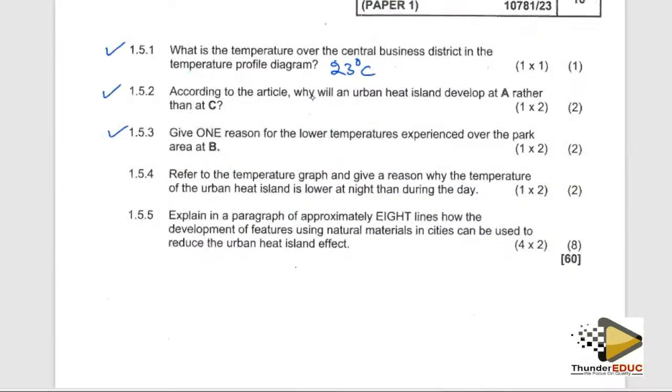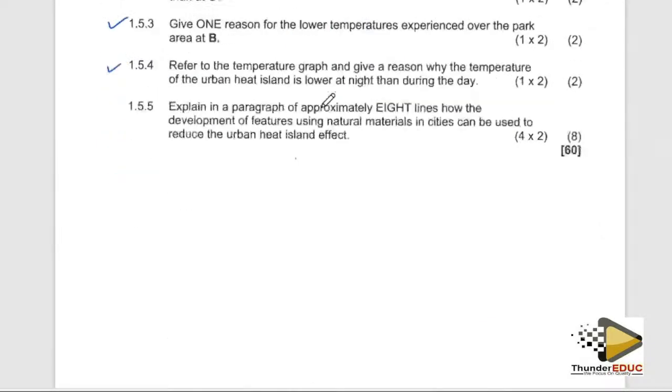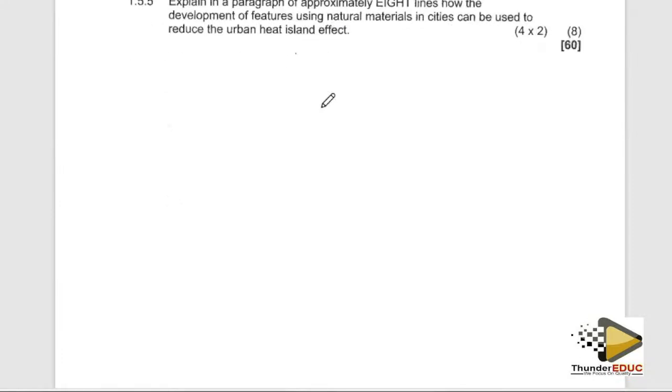Okay, so 1.5.4, then 1.5.5, it says, explain in a paragraph how the development of features using natural materials in the cities can be used to reduce the urban heat island. Development of features.